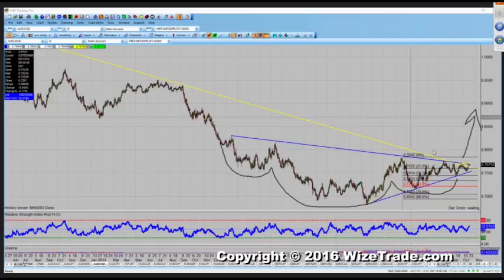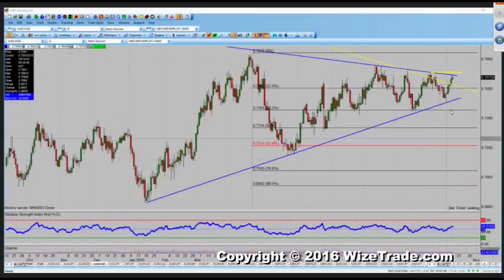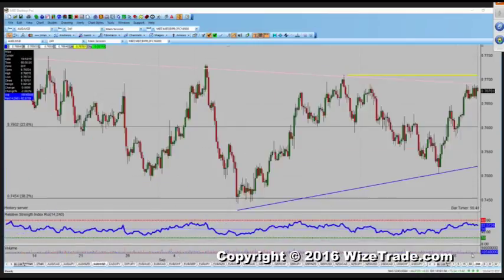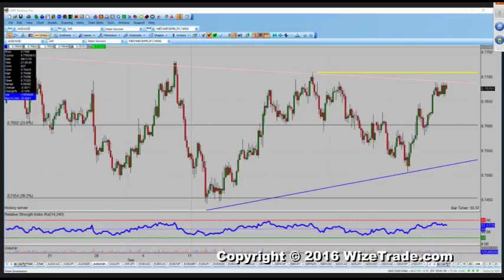Everybody. Okay. So now, with that being said, you have to watch this resistance. And I don't think anybody who's long is going to give up on the Aussie unless we break back below here. It's only a break back below 76.50 where you're going to see anybody who's long the Aussie really say, crap, I was wrong.